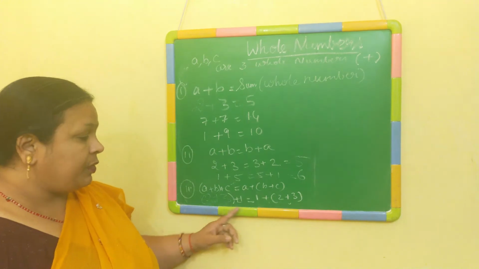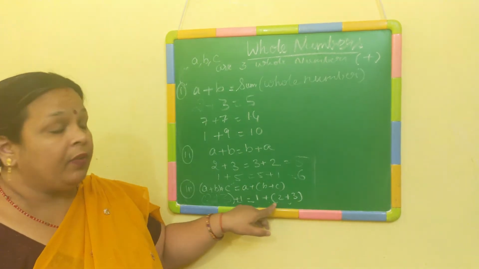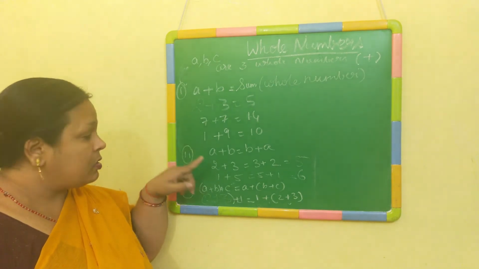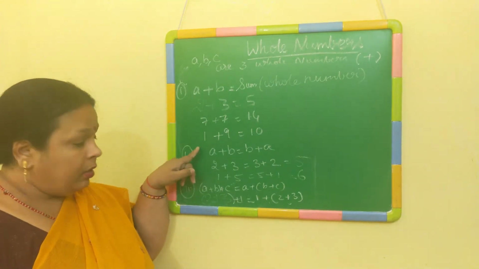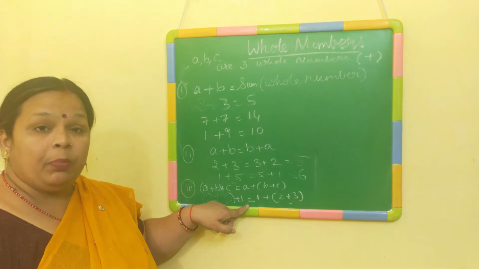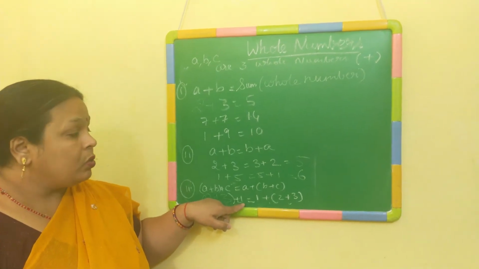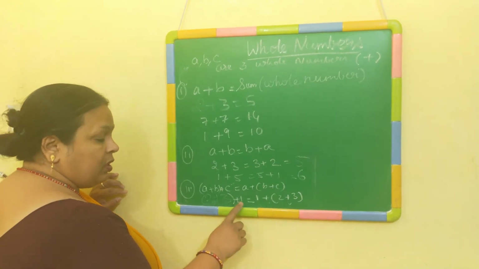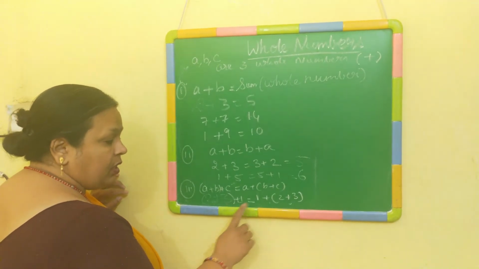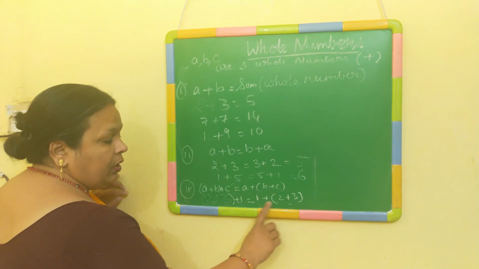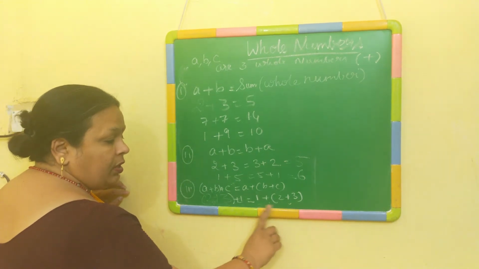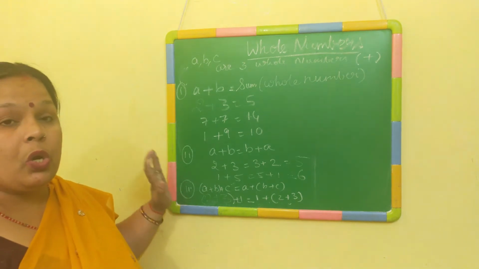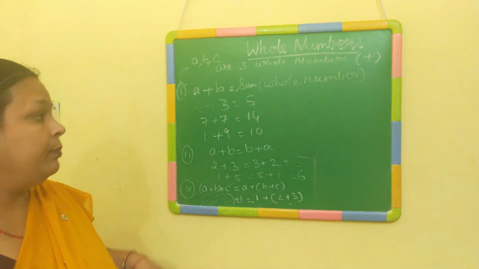That means this is 5 plus 1 and this is 1 plus 5. We have already seen that commutative property exists in whole numbers, so the same is applicable here with 3. So the sum of 2 plus 3 plus 1, that is 5 plus 1, is 6, and 1 plus 2 plus 3 is 1 plus 5, which is 6. Now this third property is called associative property.